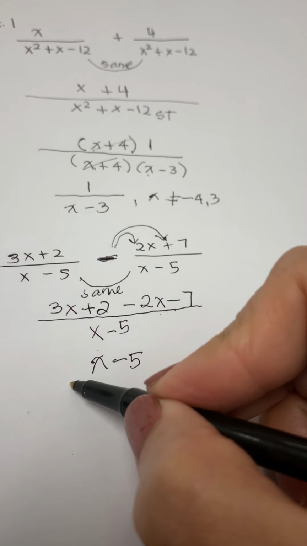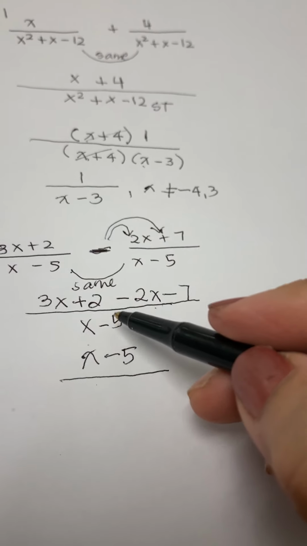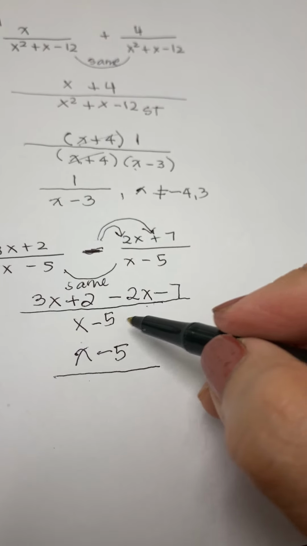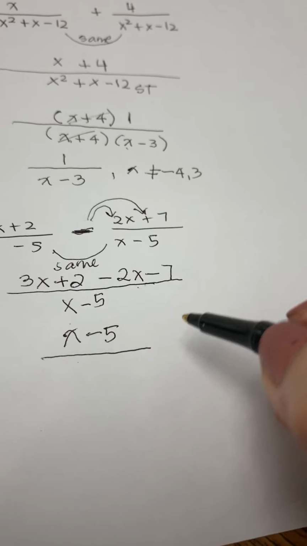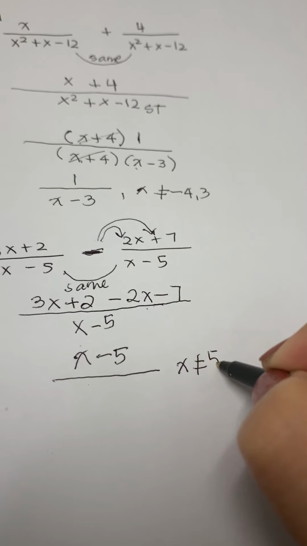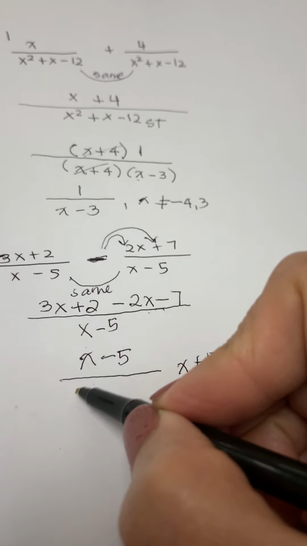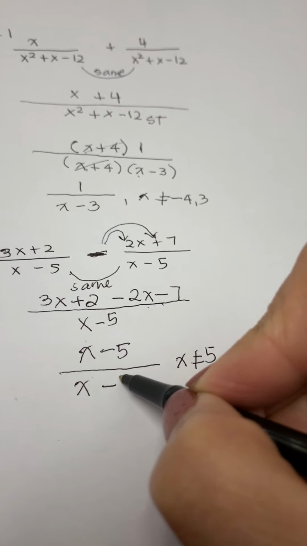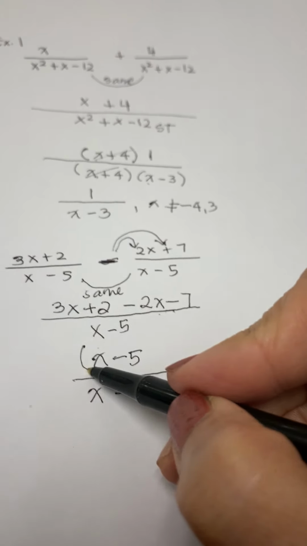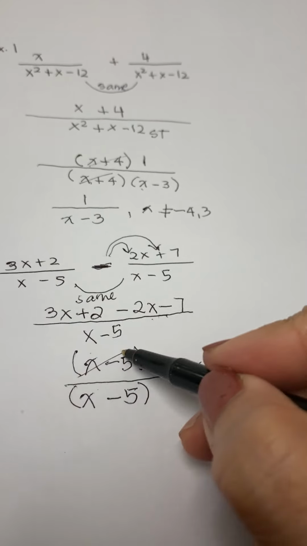So we forgot to write our restrictions. x cannot be equal to 5, right? x cannot be equal to 5. Okay, and then, so we combine the numerators, then we copy the same denominator. In this case, the numerator is the same as the denominator, so we can cancel that.